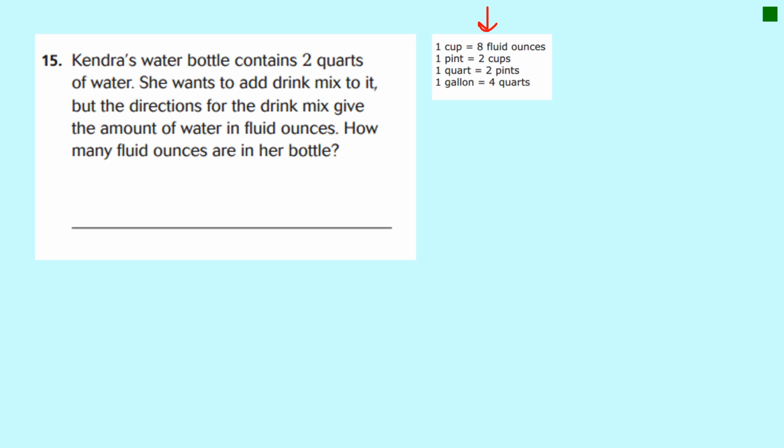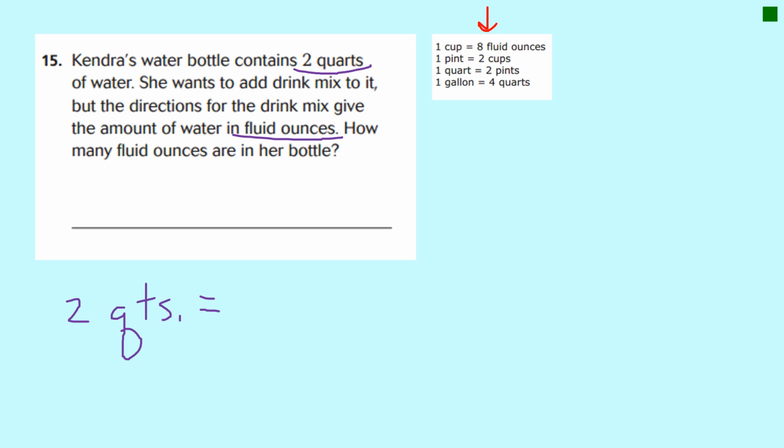Okay, so Kendra needs to convert the number of quarts in her water bottle to fluid ounces because the directions give fluid ounces for the drink mix instead of quarts. All right, so we got a lot of room on this one. 2 quarts equals blank ounces.